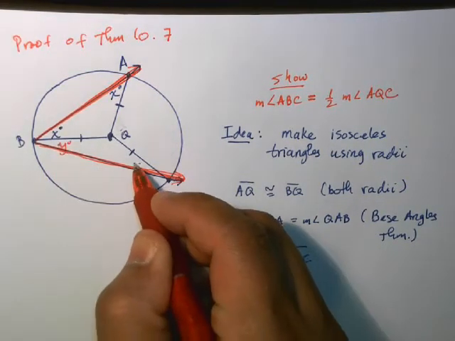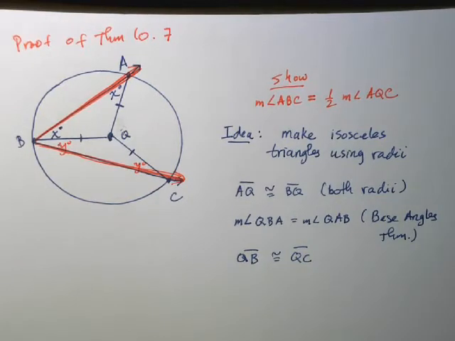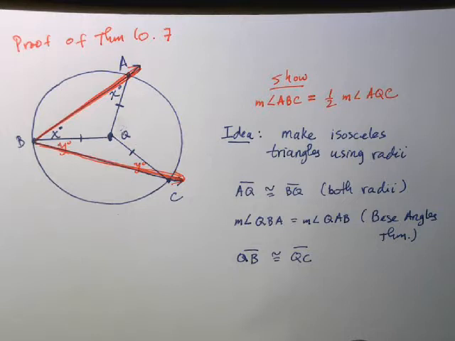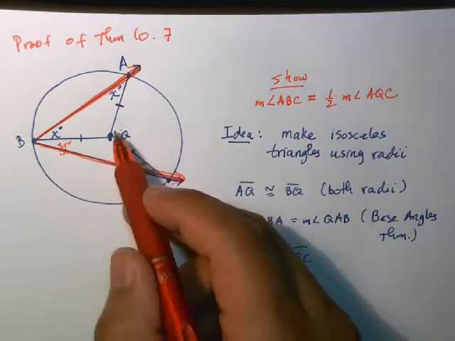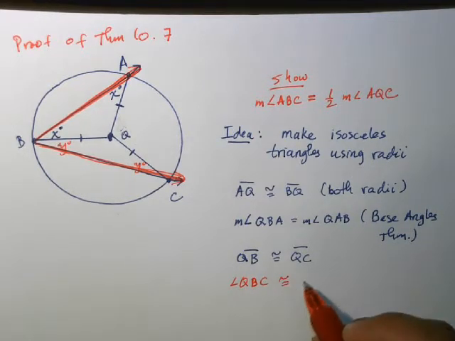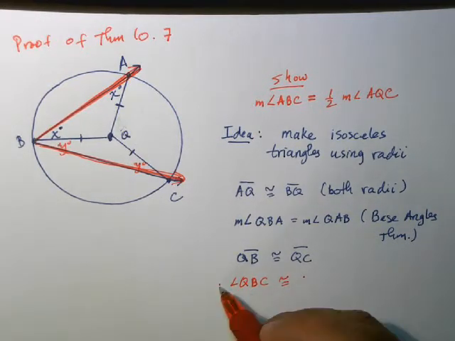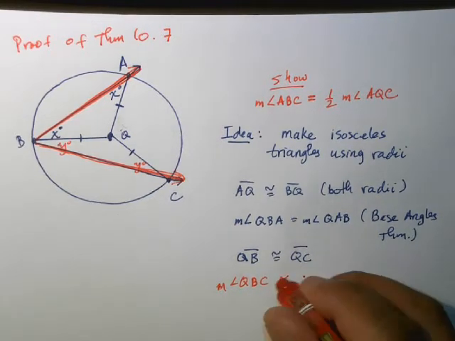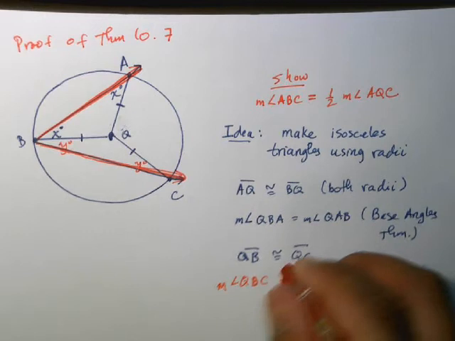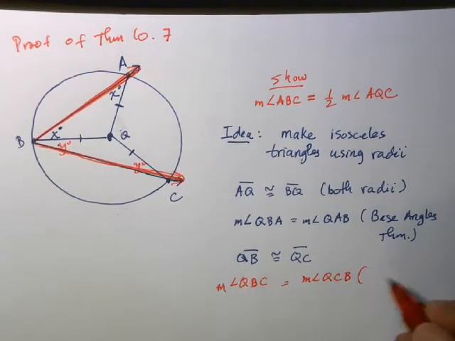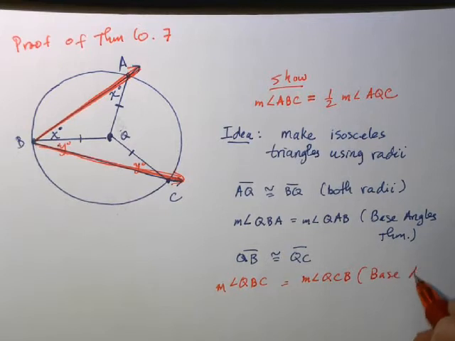So we have to label these y. So we can say the same thing here: the measure of angle QBC is equal to the measure of angle QCB. Okay. Once again, base angles.